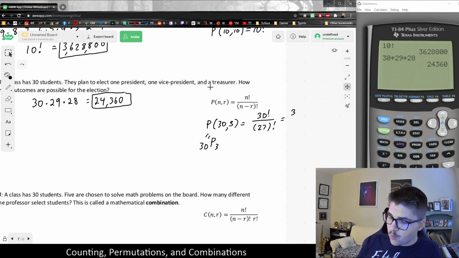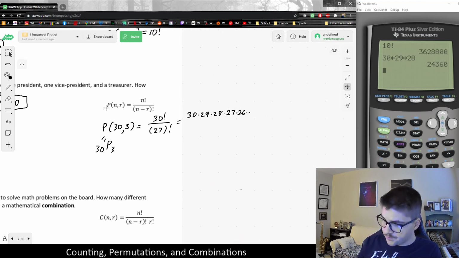If we think about what 30 factorial would be, that would be 30 times 29 times 28 times 27 times 26 times dot, dot, dot. And then 27 factorial would be very similar. Instead of starting at 30, we would start at 27: 27 times 26 times 25, dot, dot, dot as well.